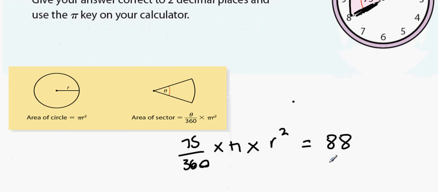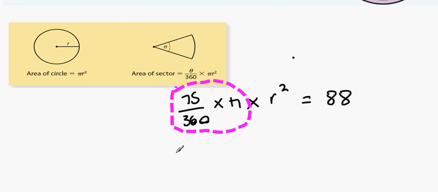This section here can go directly into the calculator and we can put it into decimal form. What we end up getting here is 0.65, and if we round it, 0.6545, times r squared equals 88.